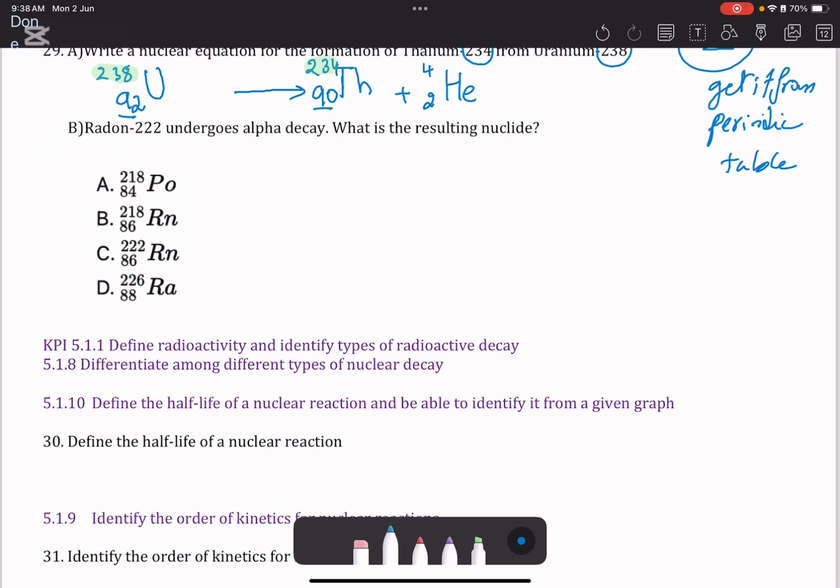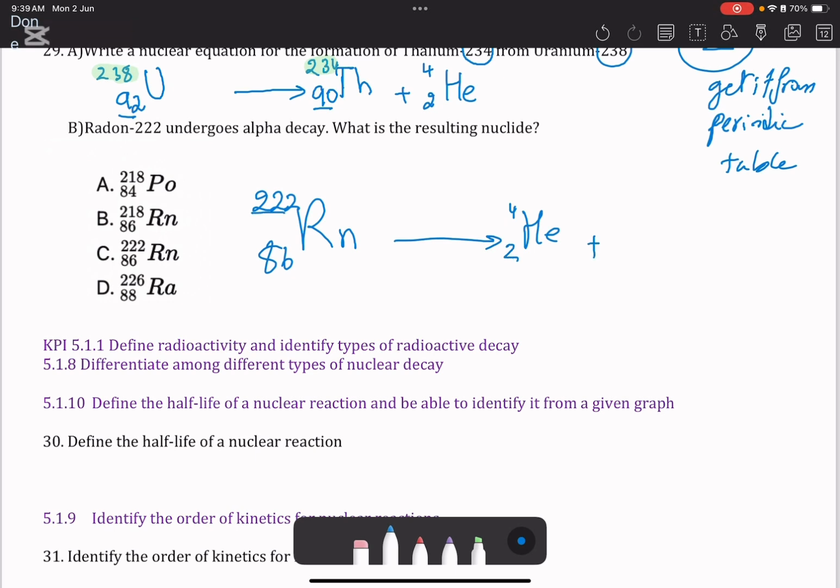Radon-222, radon with atomic number 86, undergoes alpha decay, so it's going to emit alpha.